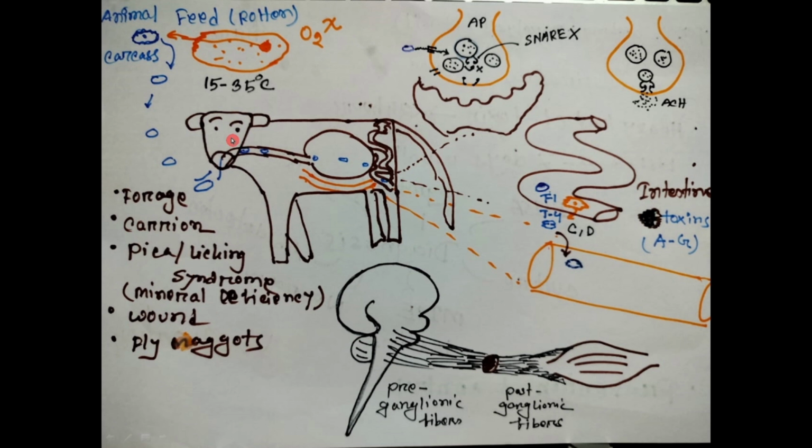If the animal has any wounds, the bacteria can easily pass through that wound. Now let's think that by animal feed, carcass, fly maggots or licking syndrome, for any cause, this is introduced orally. It can be the toxin, the preformed toxin form, the first one, foodborne botulism.